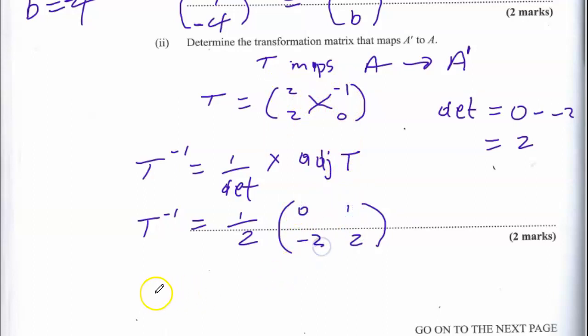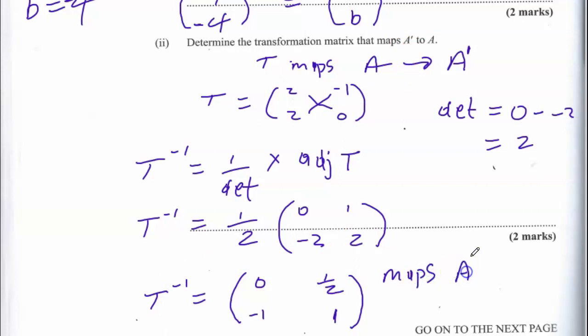We multiply each of those values by a half. Half of 0 is 0, half of 1 is half, half of minus 2 is minus 1, and half of 2 is 1. So this matrix maps A image back to the original point A.